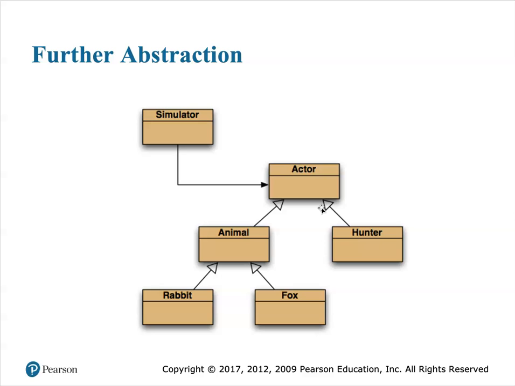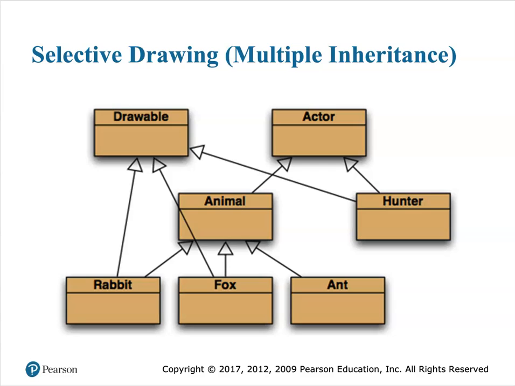One other thing to note, the extends is represented by the open-headed arrow, so we can see that there is the inheritance hierarchy here, and we can see that in this instance, every class has one and only one parent. But what if we had a situation, or we wanted a situation that was like this? We want certain things in the simulation that have to be drawn.